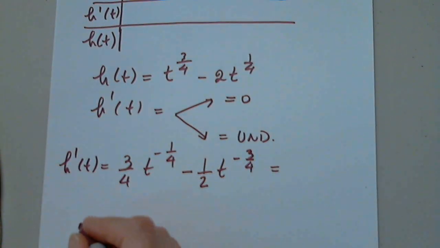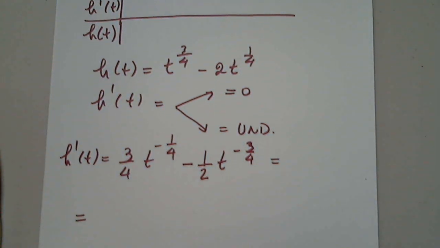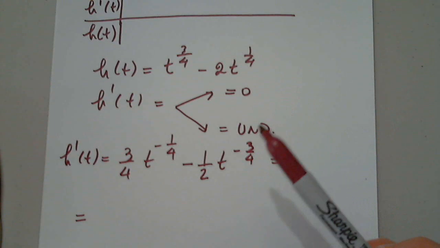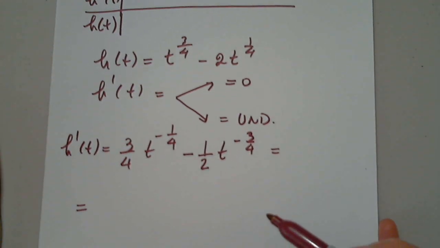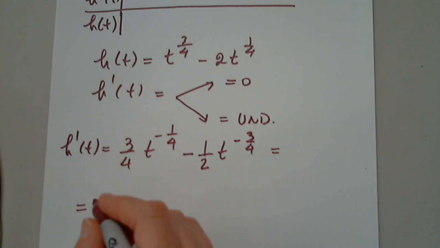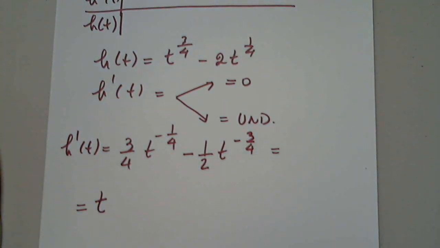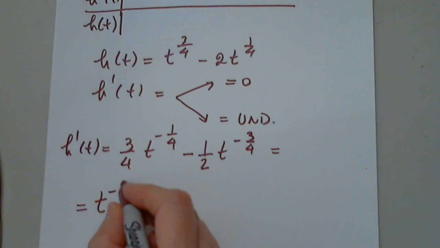But before we even do that, let's continue with factoring out the greatest common factor. t to which power? And the answer is always the smallest. Which one is the smallest? Negative 1/4. Yes.